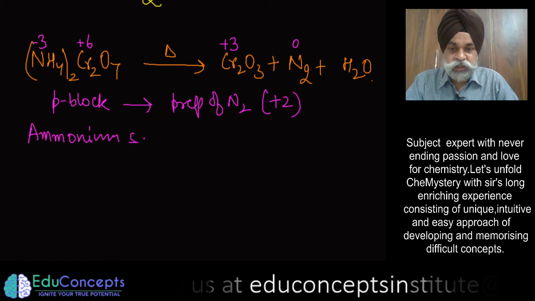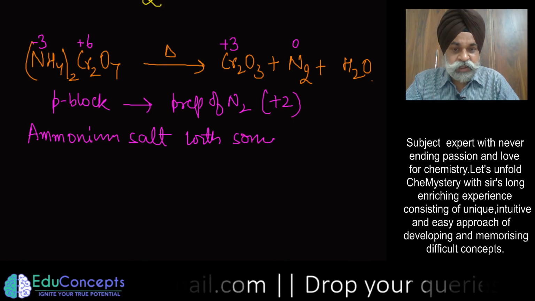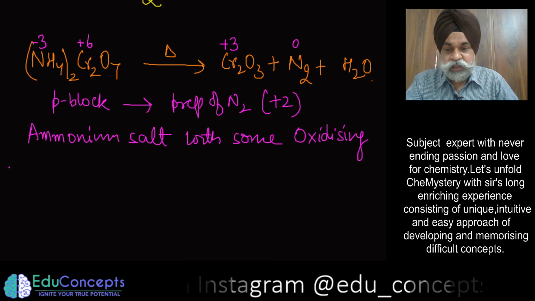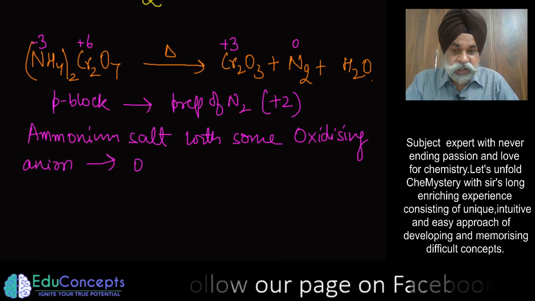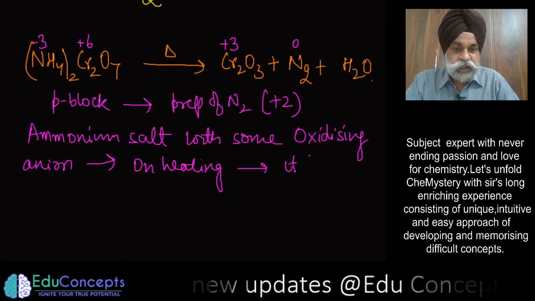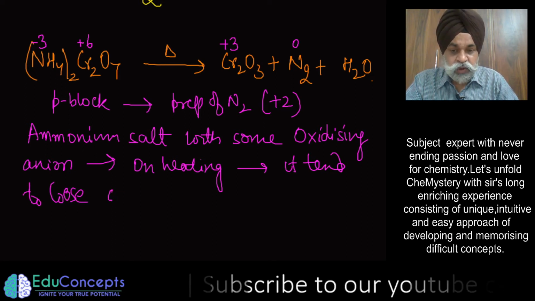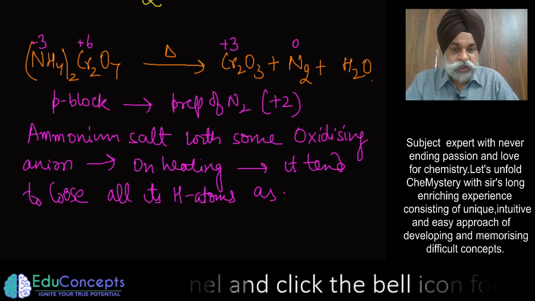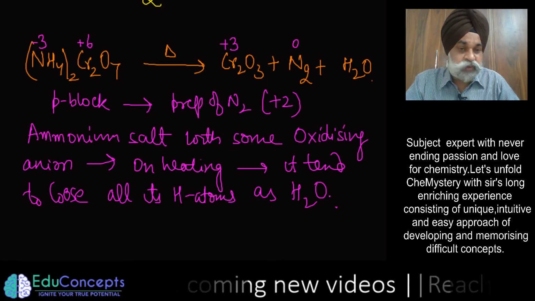If you have any ammonium salt with some oxidizing anion, on heating it tends to lose all its hydrogen atoms as water. So this is a tip to remember. This is the tip to remember. You could go by this tip.